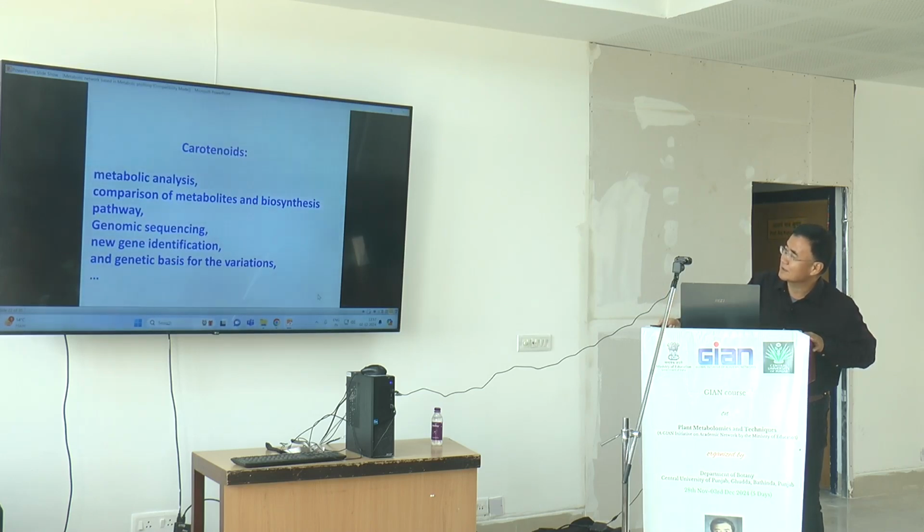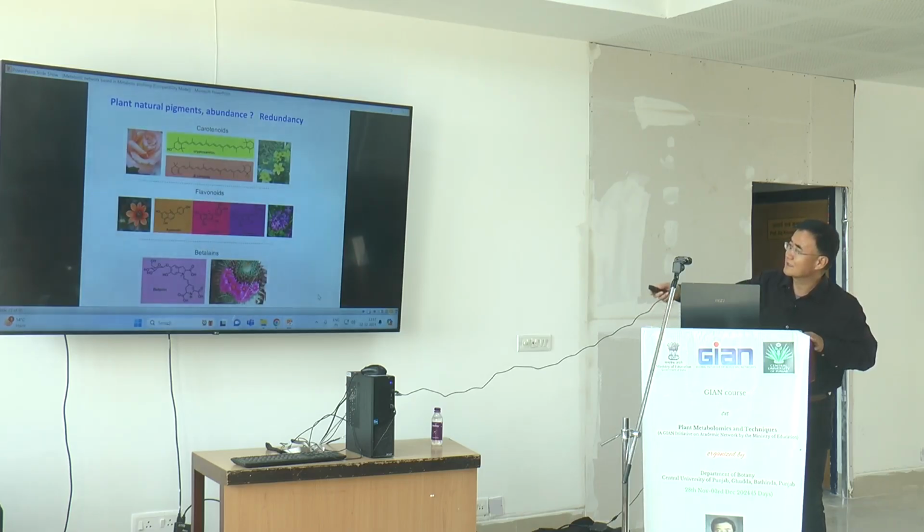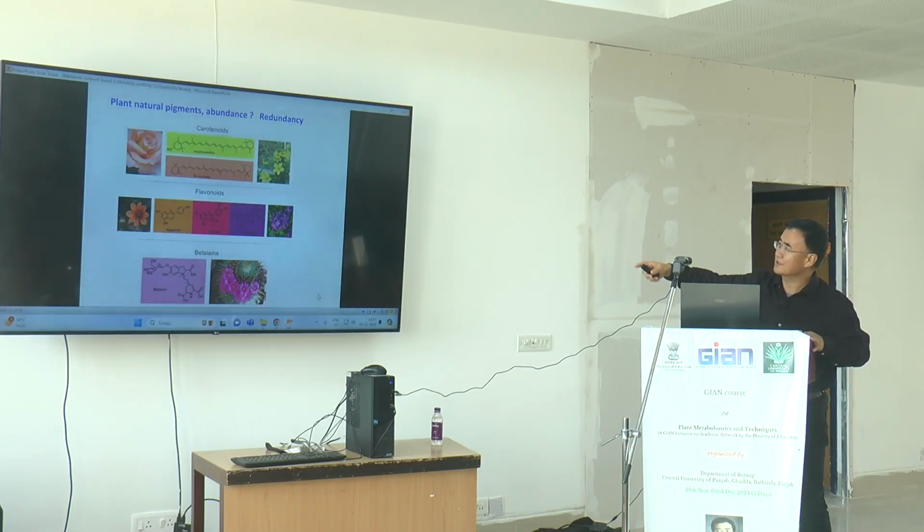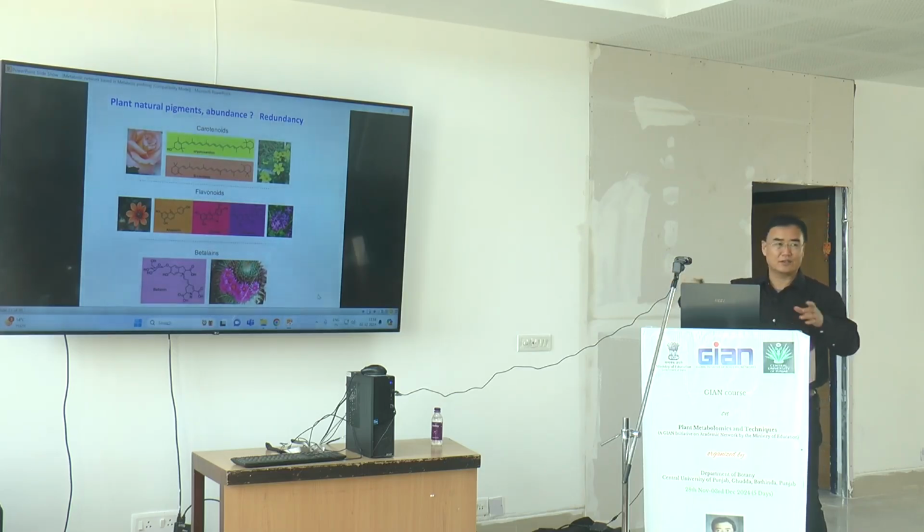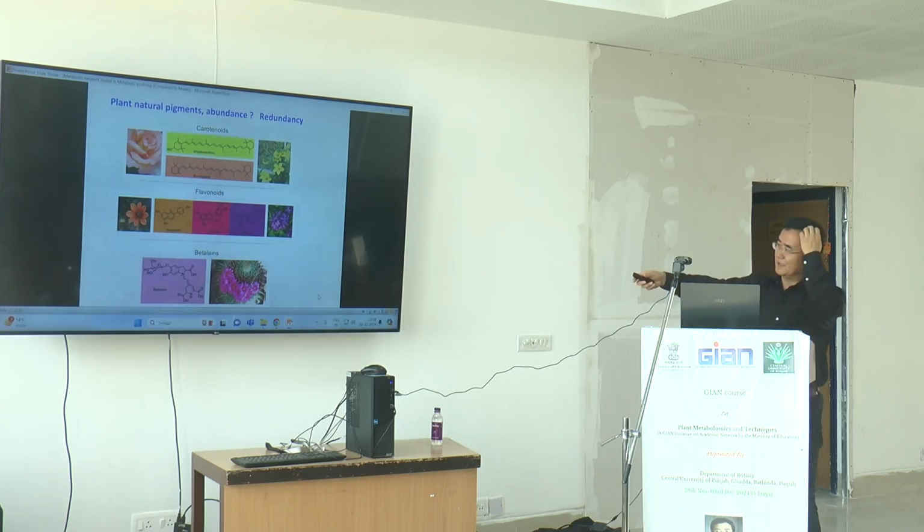The carotenoid, I will just quickly go through. That's a very common pigment in plants. There are several carotenoids, flavonoids as pigments, and also the betalain. Later on we'll also mention those. All those are actually very interesting.